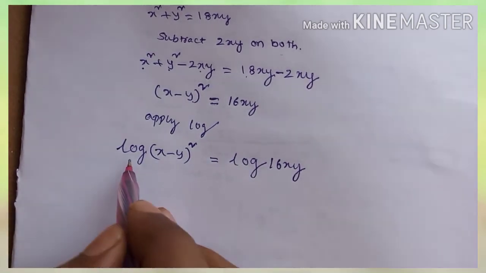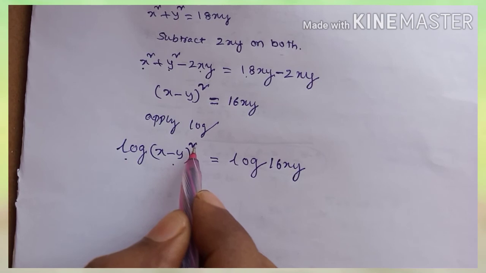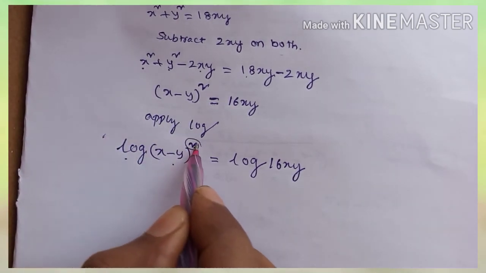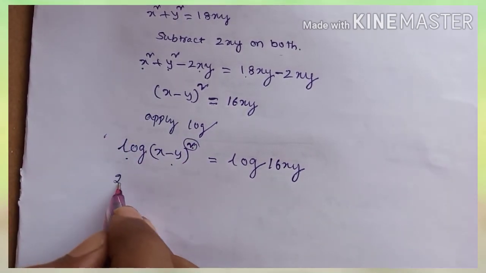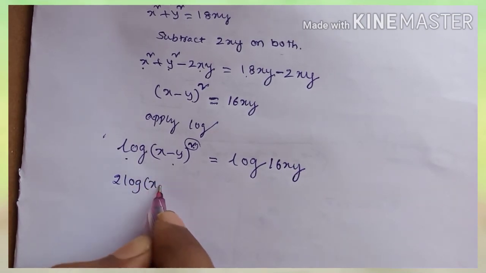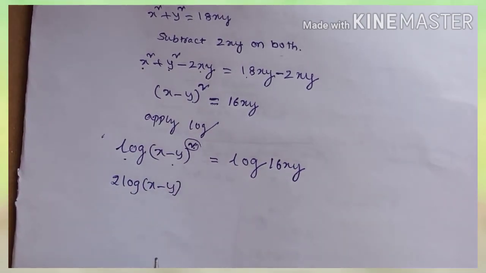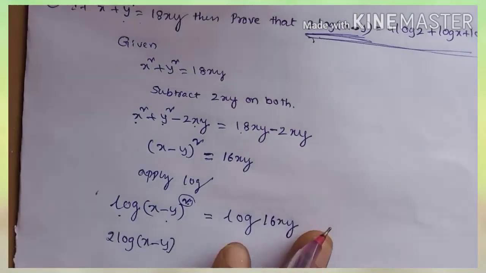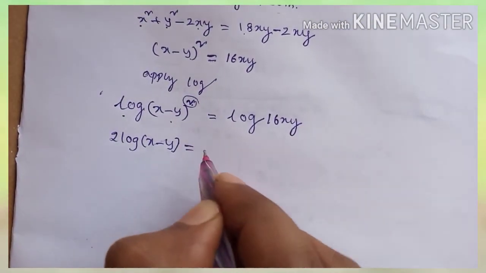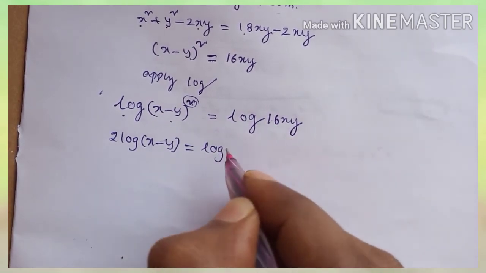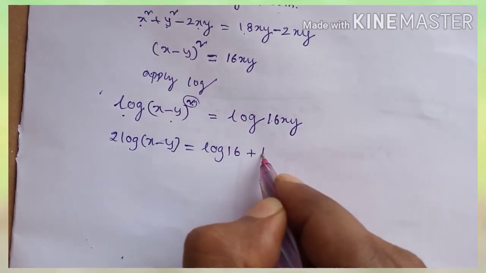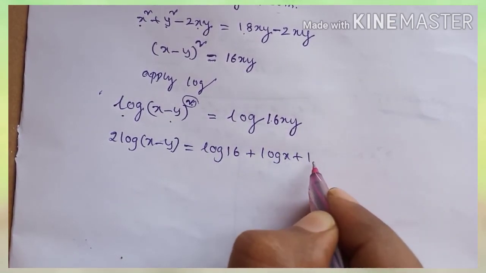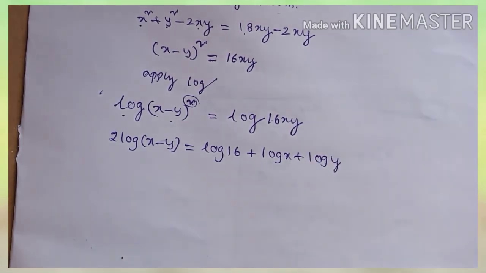Now what can we do? Log a power m is equal to m log a. This power you can write as a coefficient: 2 log of (x minus y). That is our LHS part, you can observe clearly. Now in the RHS part you have to simplify: logarithm of the first value 16 plus the second value log x plus the third value log y.